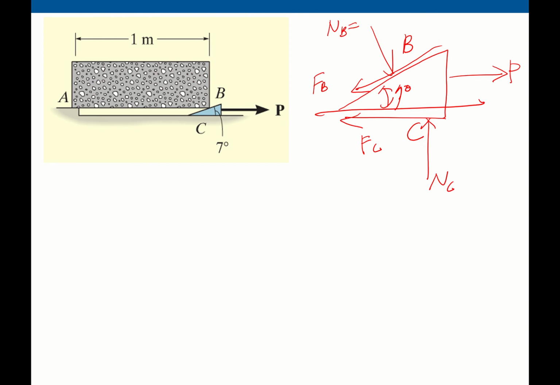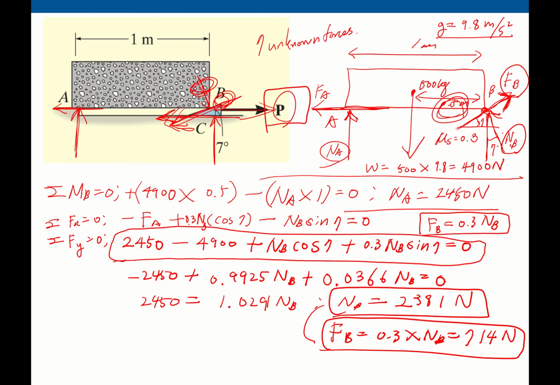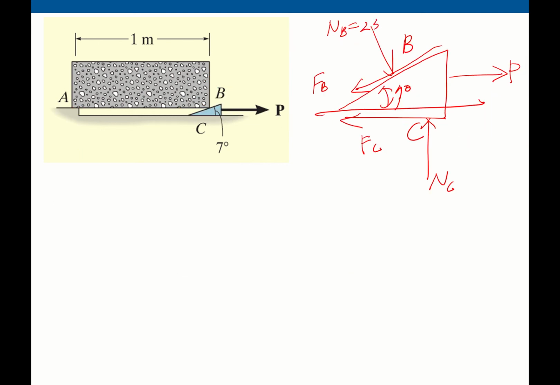We know that NB was 2,381. Am I correct? Okay, this is correct. Alright, so how many unknowns do we have? We have 3 unknowns. And we know that this wedge is in impending motion. So we can apply 4 equations. Okay, 3 equilibrium equations and the other one is the static frictional force equation.